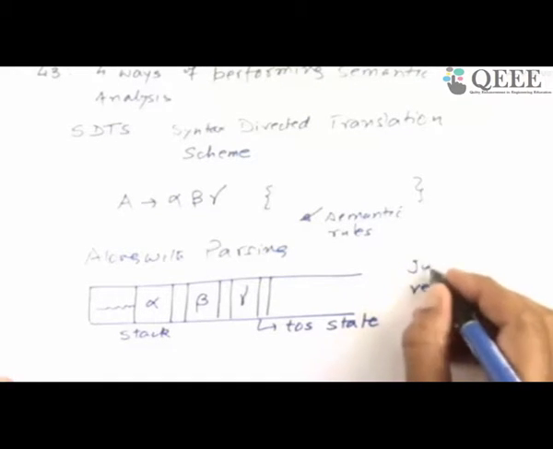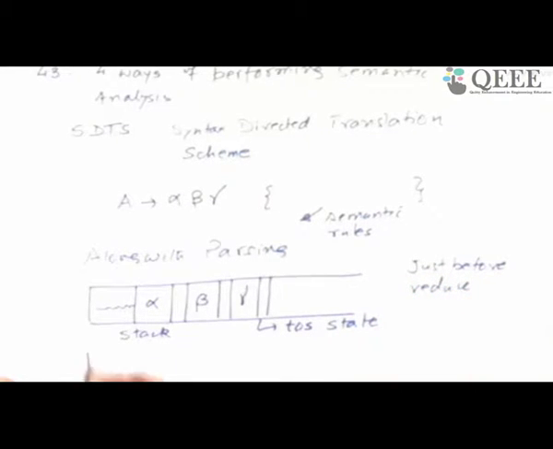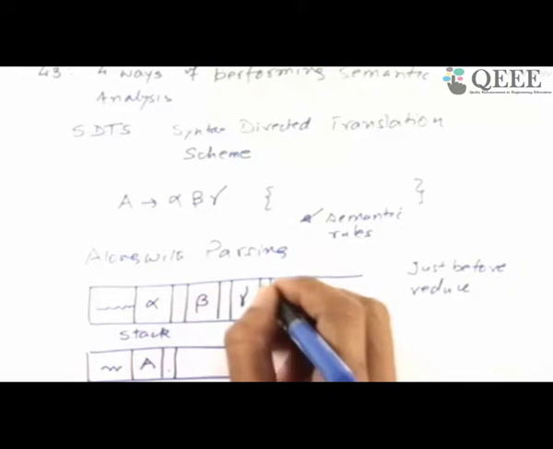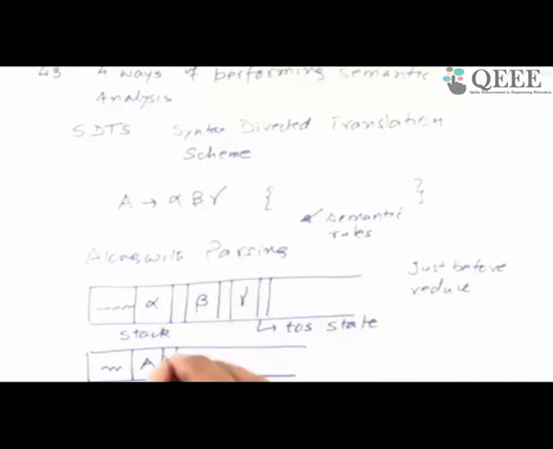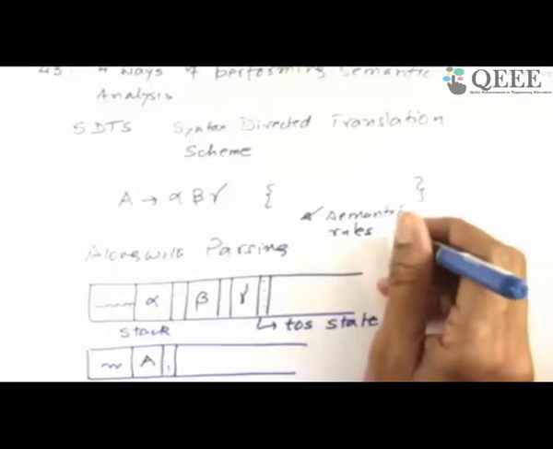Just before it cleans up the stack, alpha, beta, gamma is replaced by the left hand side non-terminal A, and it gets a new stack. The states I'm just ignoring, as they are not central to my discussion, though they are important for parsers. At this point, just before it reduces, it does the semantic rules.